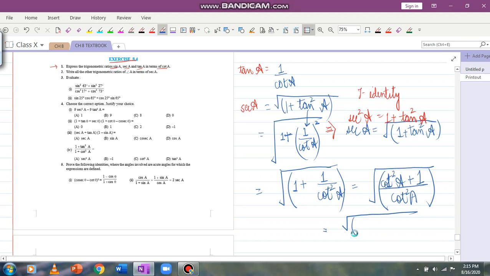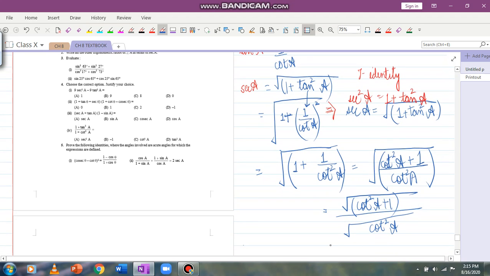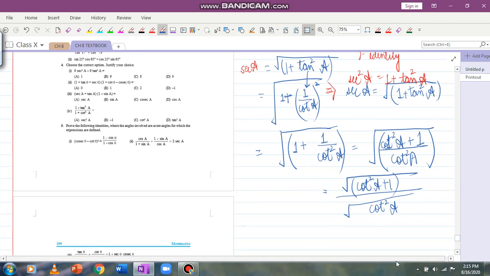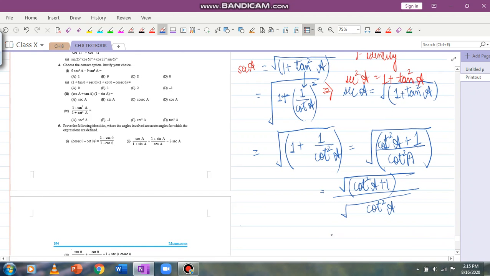So the square root of the numerator, cot square A plus 1, binomial as such, and the square root of the denominator, cot square A. Simplify wherever you can, and in this case I can simplify the denominator but not the numerator. So I'm just going to write down the numerator as it is under the square root. So this will be 1 plus cot square A.